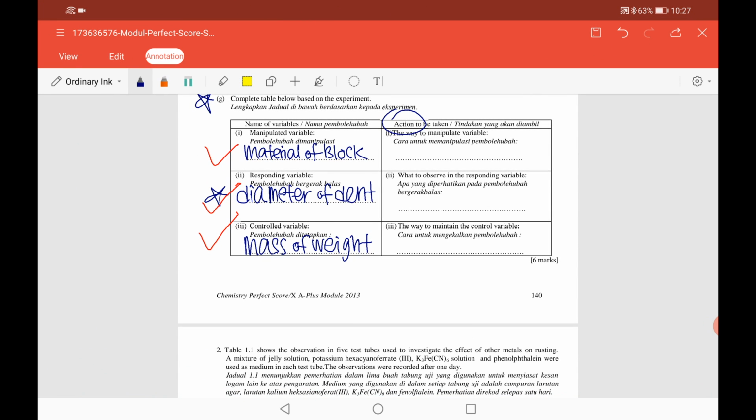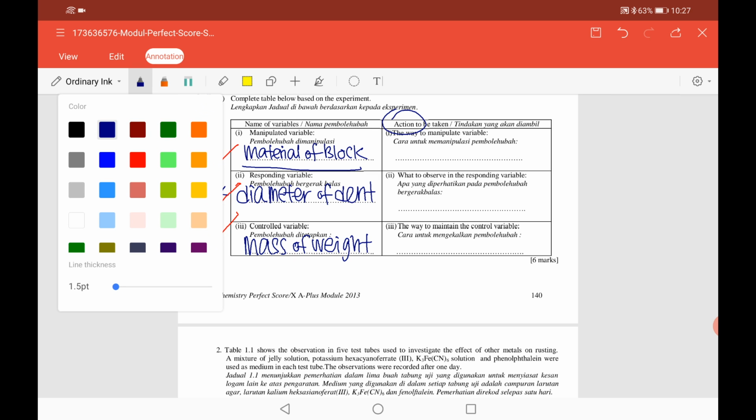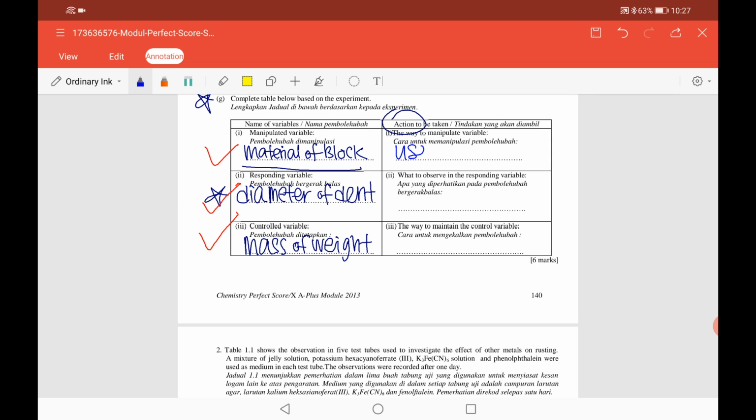For the first question, they ask us how to manipulate the variable. So what is the manipulated variable? The material of the block. So how do you manipulate it? You can use an answer like this. You can say "use".